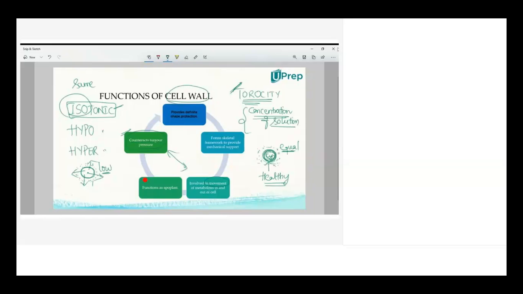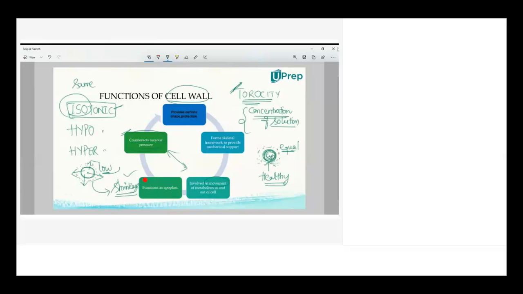In such case, what happens? The tendency of movement of molecules from high concentration to low concentration happens. As a result, inflow of materials from outside to inside happens. Inflow. Quite opposite to hypotonic solution. So this is called hypertonic solution, outside environment.